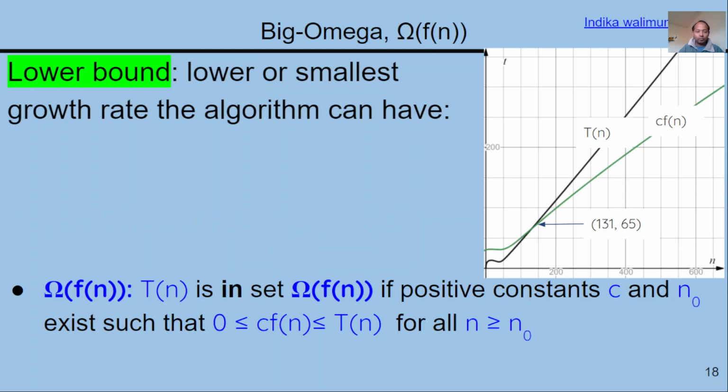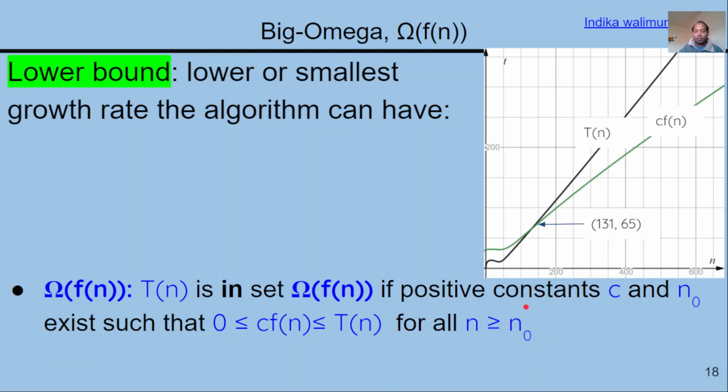Then we can define the big omega notation. We say T(n) is in the set big omega of f(n) if positive constants c and n naught exist such that this relation holds for all n values greater than n naught.